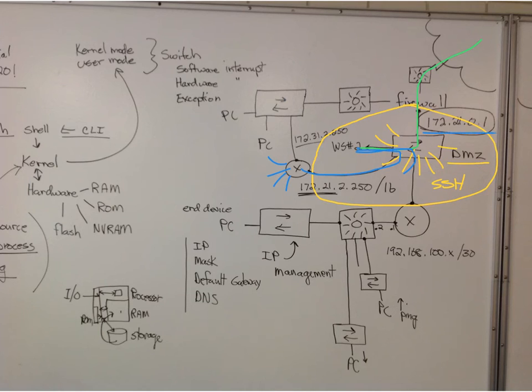This is the default gateway, and we decided to use some addressing, so we went 172.21.20.101, up to whatever we ended up with, 118 or something.